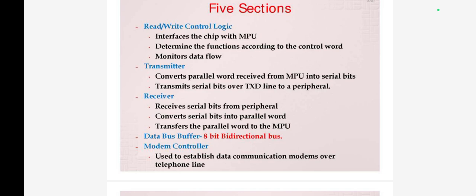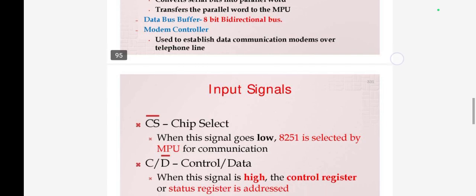Also, it converts serial bits into a parallel word. It transfers the parallel word to the microprocessor unit. The data bus buffer has an 8-bit bidirectional bus. The modem controller is used to establish data communication through modems over a telephone line.